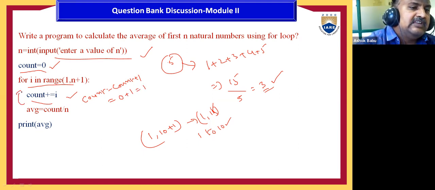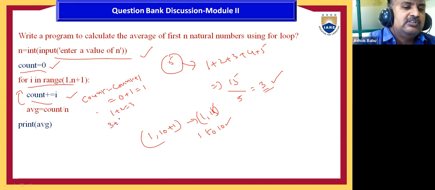Then i is incremented to 2, and the count is 1 plus 2, 3. Next i is incremented to 3, and the count is 3 plus 3, 6. When i equal to 4, the count is 6 plus 4, 10. When i equal to 5, the count is 10 plus 5, 15.